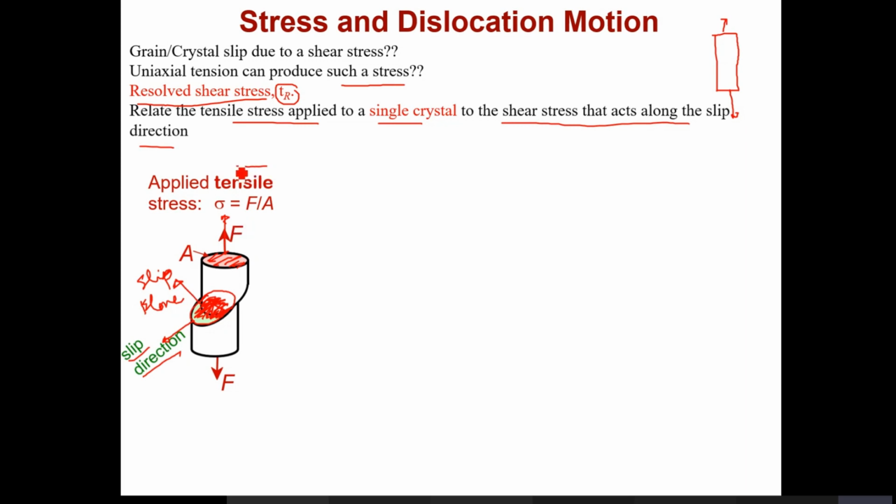Now, would there be a component of this tensile force acting on this plane or parallel to this plane? Would there be any component of the normal force acting parallel to this slip plane?